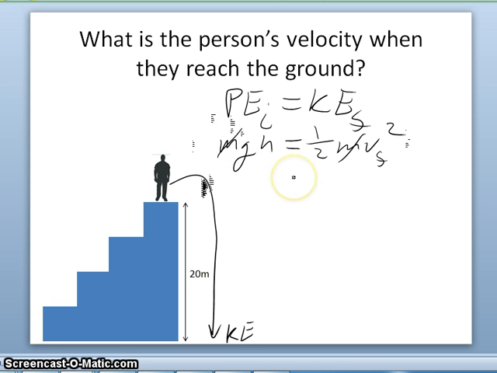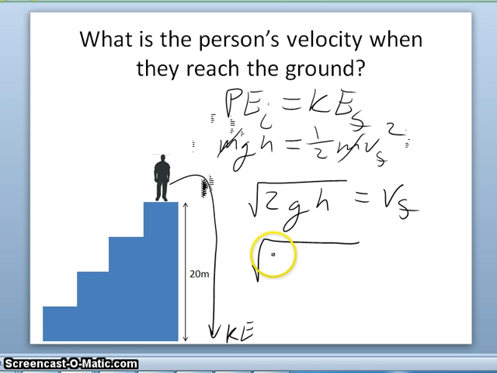I see that mass is in both terms, so I can cancel it out. I can do a little algebra and solve for this. So I see that the square root of 2gh is equal to our velocity final.